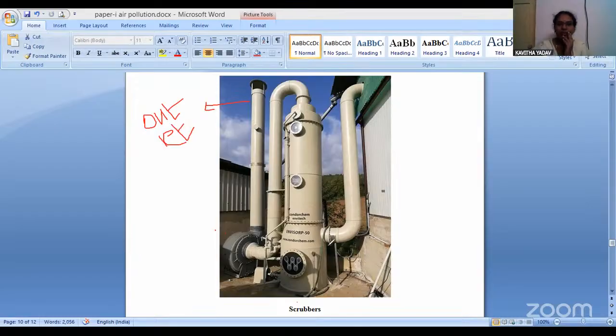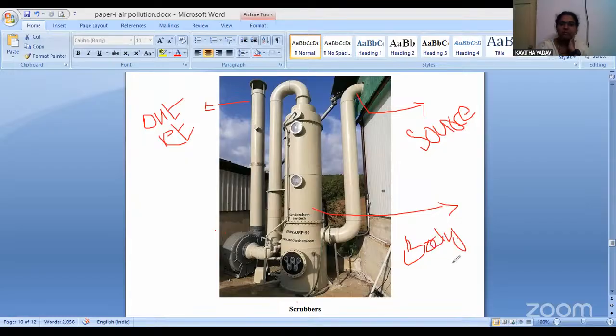This is the source. Okay. Body. Temperature meters.